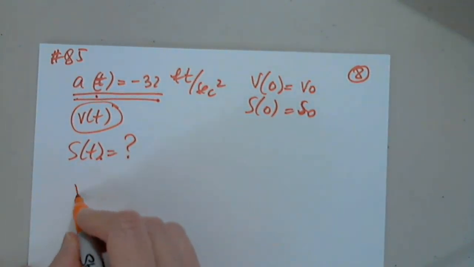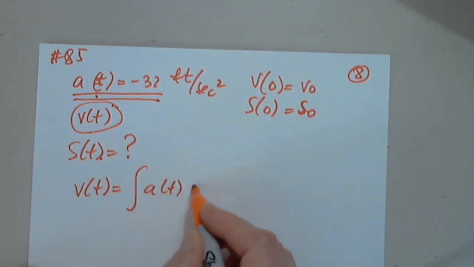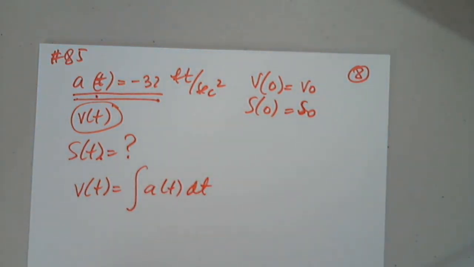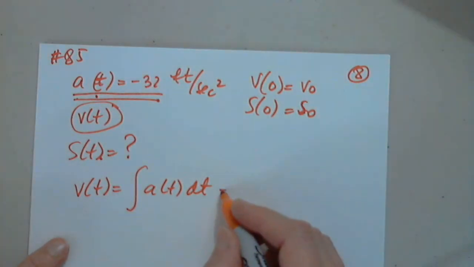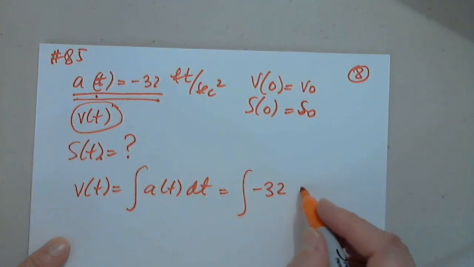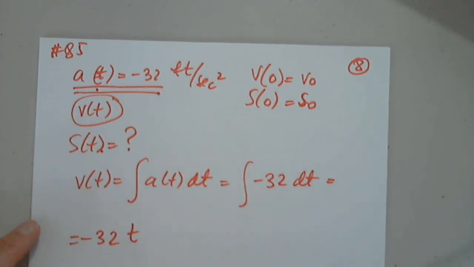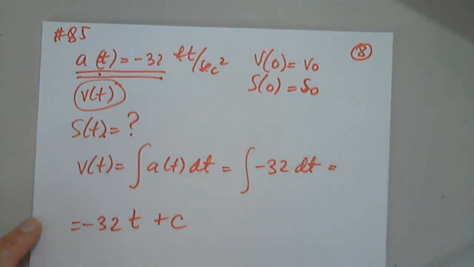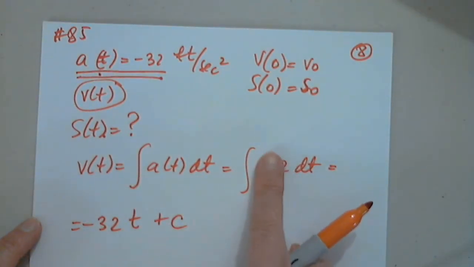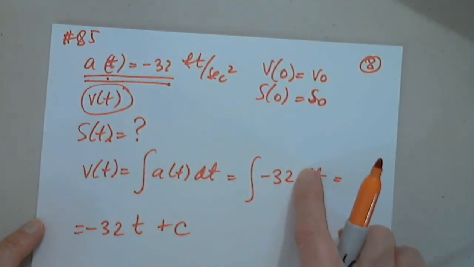So the velocity is the integral of a of t dt. So I replace it with negative 32 dt. The constant goes in front, and I have just t plus a constant c, because t prime is 1.